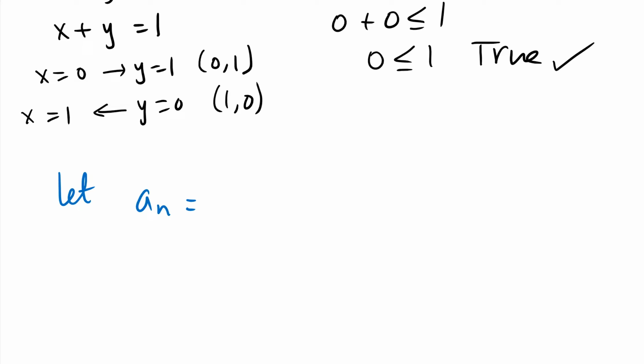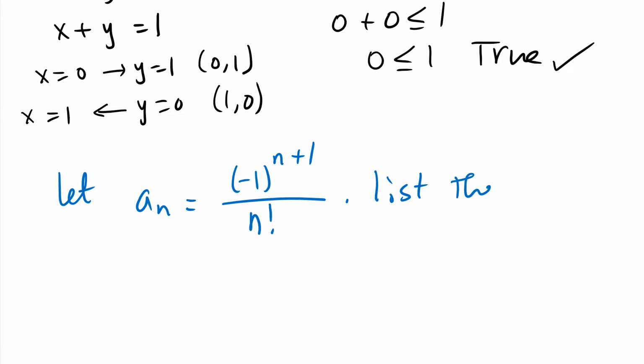Let a sub n be negative 1 to the n plus 1 over n factorial. List the first 3 terms of this sequence.